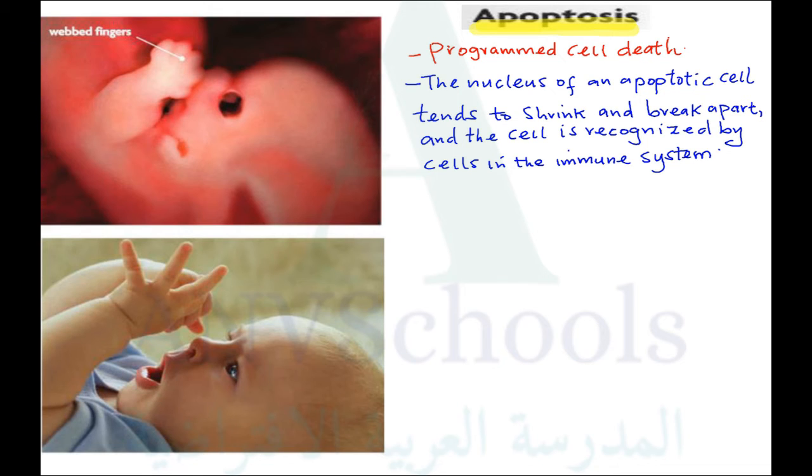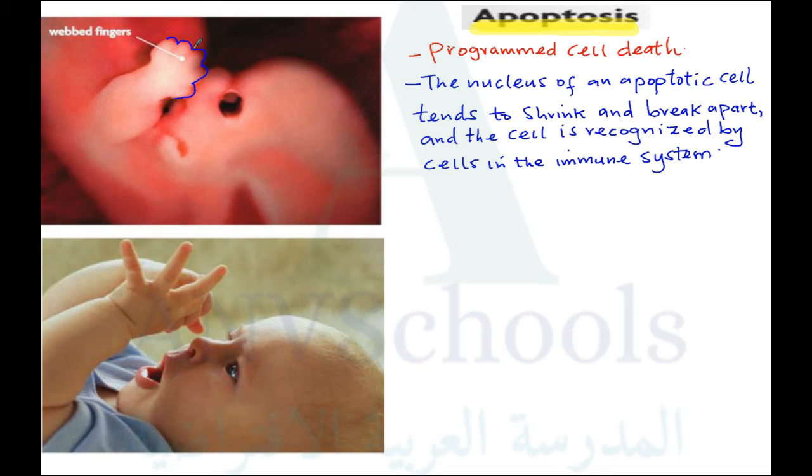You can see here that these fingers are actually webbed fingers. So as the fetus grows, in the early stages of development, human embryos have webbing between their fingers and toes, or digits. But before the baby is born, those cells typically go through apoptosis.